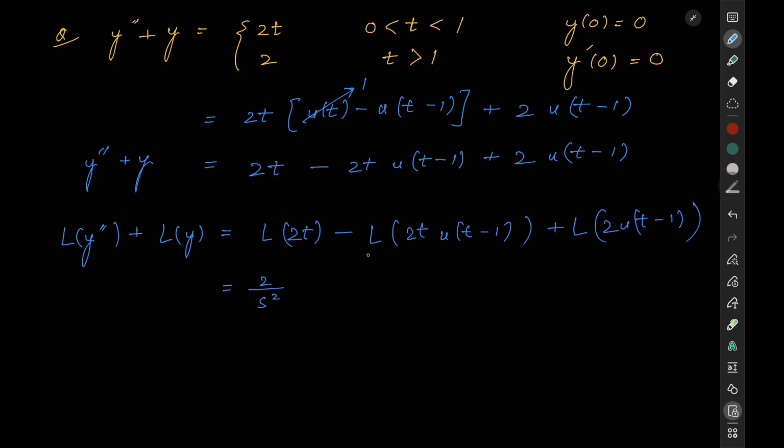The Laplace of 2t u(t minus 1): to solve this, we have to replace t with t minus 1. So we can write this as 2 times (t minus 1 plus 1) into u(t minus 1) plus the Laplace of 2 u(t minus 1).